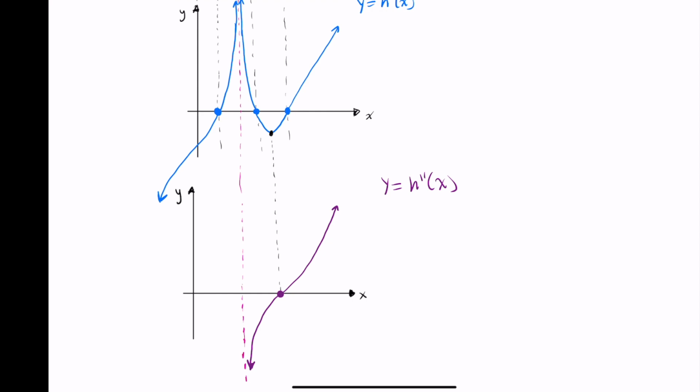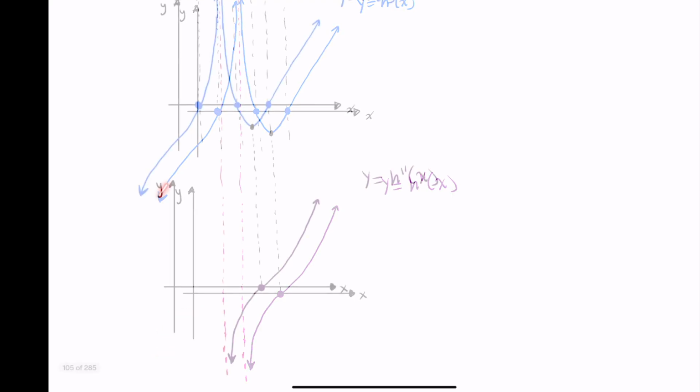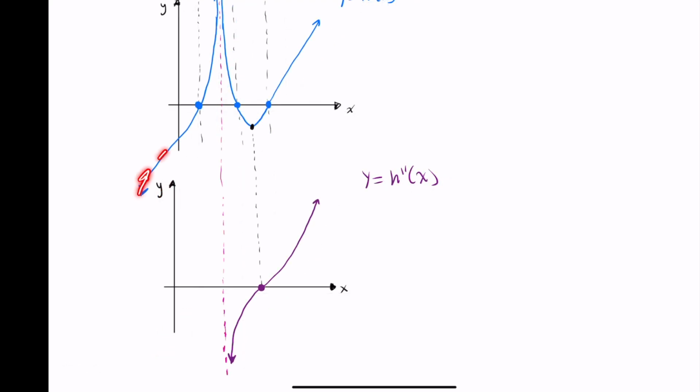Now, what about this portion of this derivative? It's never going to cross the x-axis, so it has to be all up here or all down here. Let's figure out where it's going to be. If its slope is positive, it'll be above the x-axis. If the slope is negative, it will be below the x-axis. So here we have a very positive slope, slightly less positive, going to more positive, more positive, more positive.